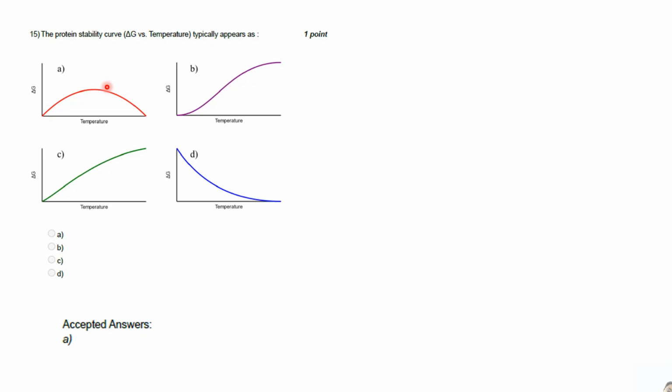So the protein stability curve is typically an inverted parabola with delta G on the y-axis and T on the x-axis, showing cold denaturation on the left, and heat denaturation on the right, and a maximum stability point in between.